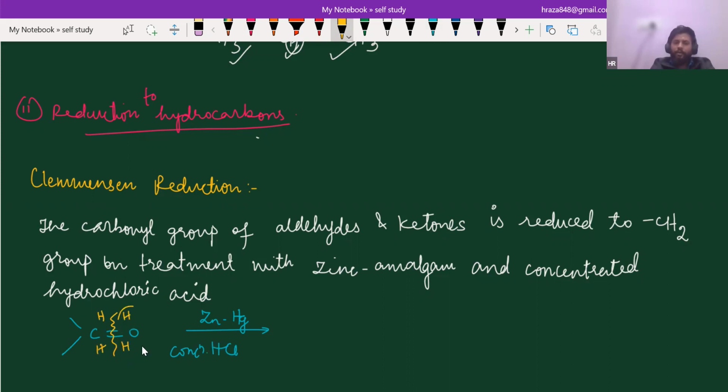On the right hand side H2O is removed, and the hydrogens combine with carbon. In this way you converted an aldehyde into an alkane, and this is known as Clemmensen reduction.